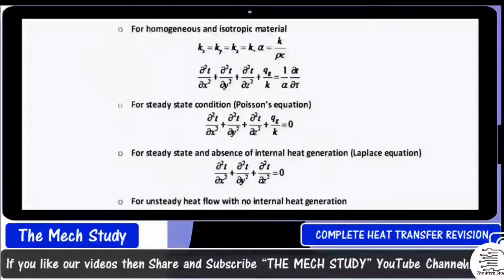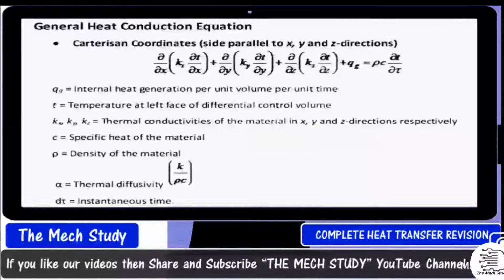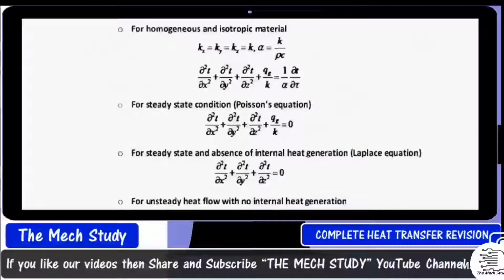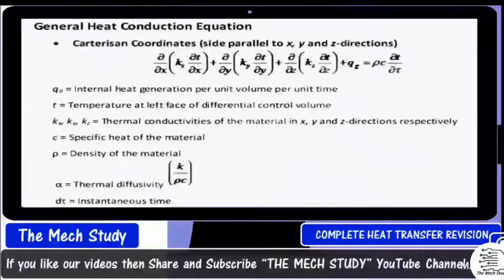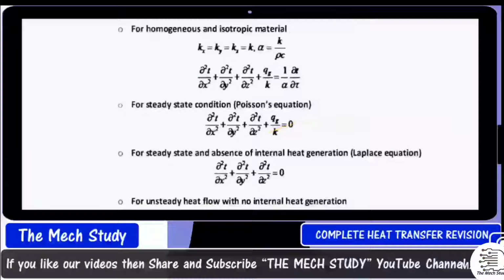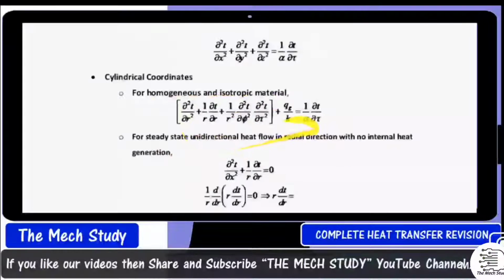This equation is known as Poisson's equation. Poisson's equation is derived from the standard equation where time is not a factor at all, and the conductivity in all directions is the same. Once we put all these conditions in the general conduction heat equation, we get Poisson's equation.